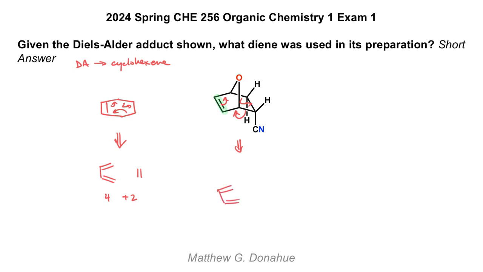So there's your diene, you have your bridgehead oxygen, and then you have your dienophile. And so if you unravel that and draw it sort of flat, this ends up being furan. And this ends up being acrylonitrile. So the answer to 5 is furan.